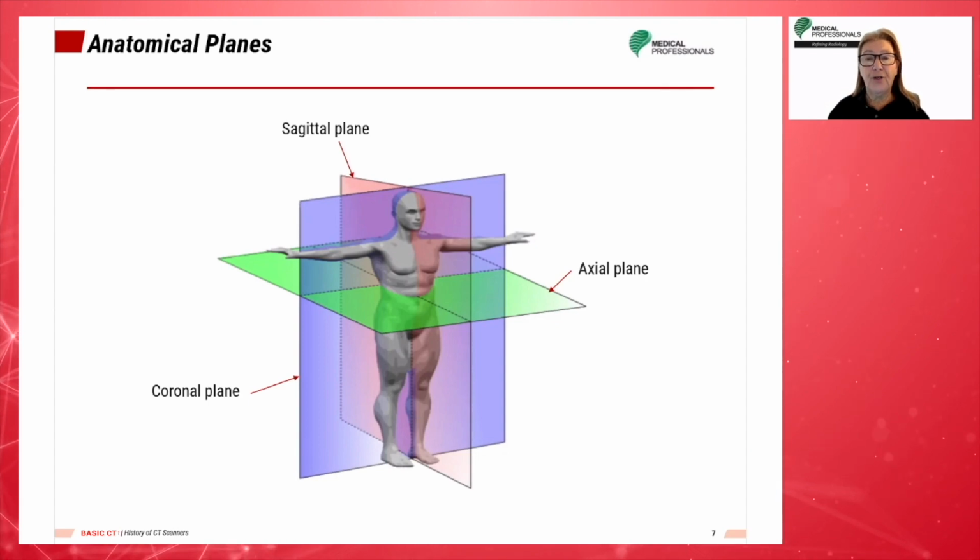They include the sagittal plane, the coronal plane, and the transverse or axial plane. While these are the major reference planes of the body, other planes are commonly used in relationship to these three.